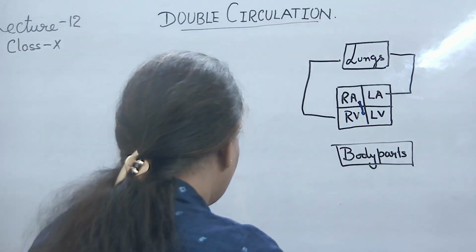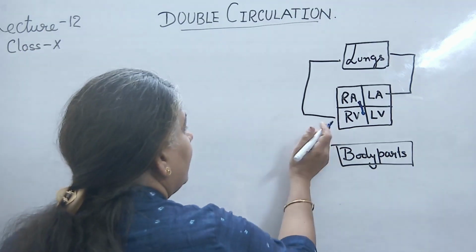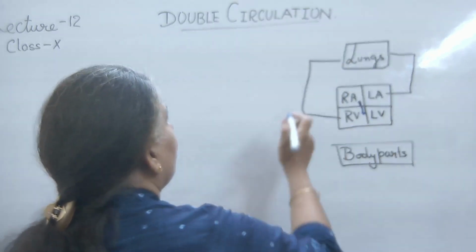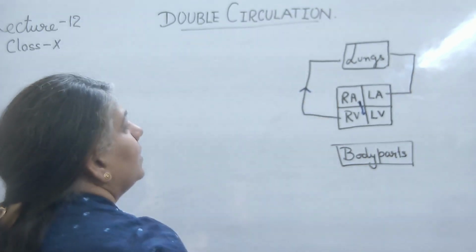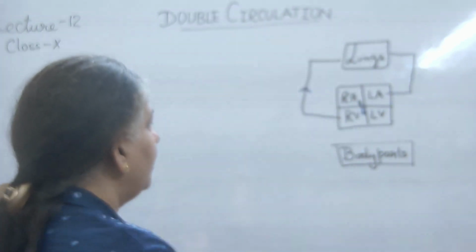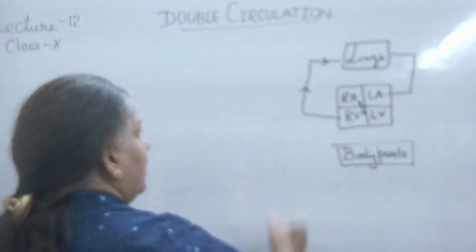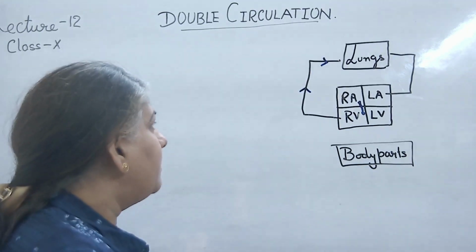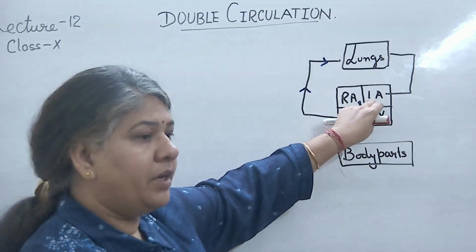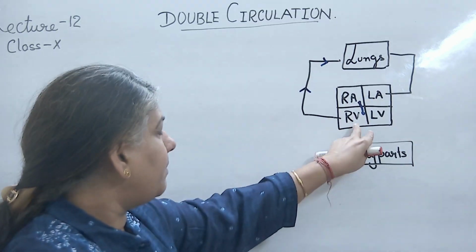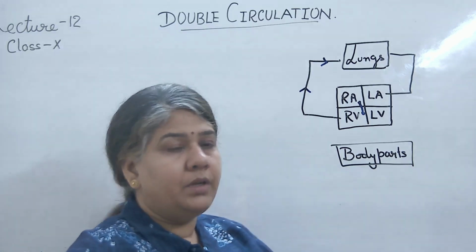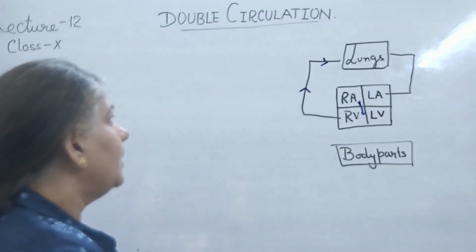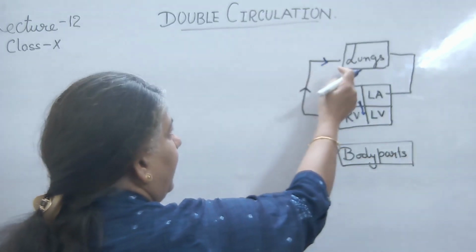Okay, so what happens? Deoxygenated blood from the right ventricle is pumped into the lungs for oxygenation. So the pumping action is basically carried out by the ventricles. Auricles or atrium receive blood, and the pumping action, that is throwing blood out, is carried out by contraction of ventricles.